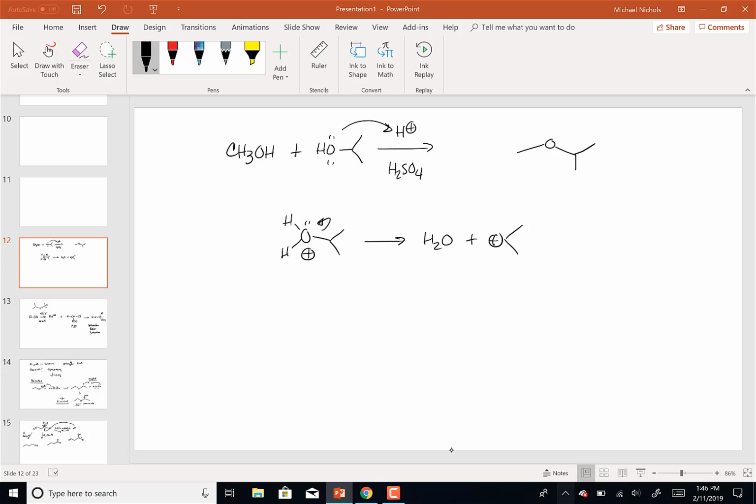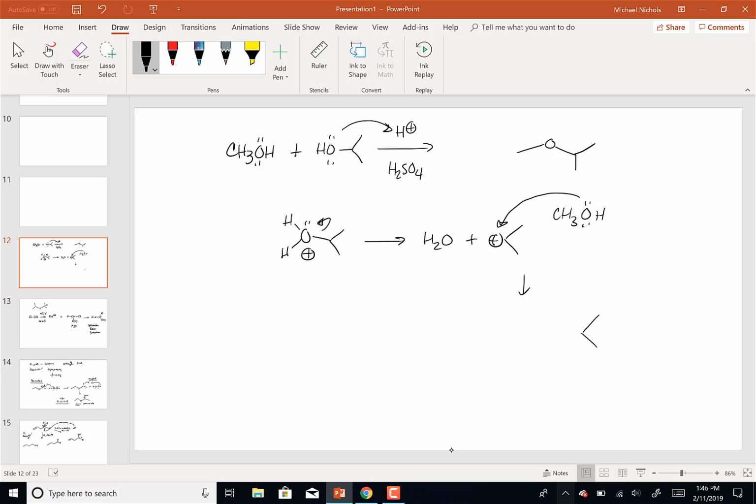Remember, what's my goal? To make an ether. So what happens next? Josh? The oxygen, one of the lone pairs from the CH3OH, will end up forming a bond with the carbocation. So in other words, the methanol will come in and attack the carbocation, the methanol being a weak nucleophile.